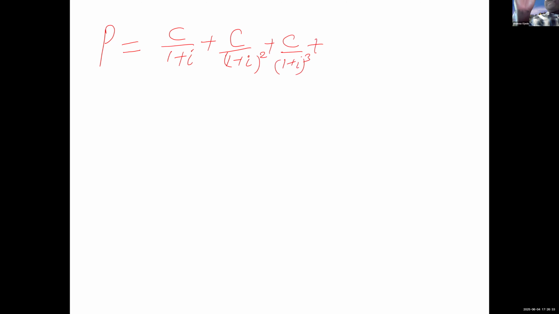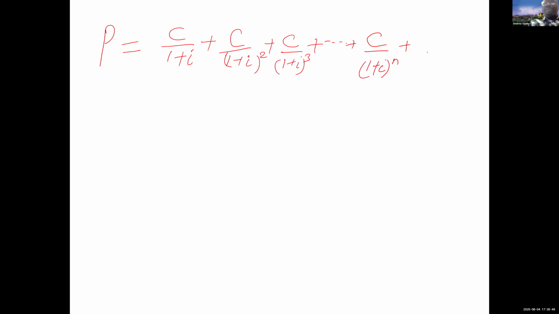So the price or the present value of a coupon bond is given as C over 1 plus i, plus C over 1 plus i squared, plus C over 1 plus i to the power 3, plus, if this bond is a finite bond with a maturity date, you would put dots, then the last coupon would be C over 1 plus i raised to the power n.